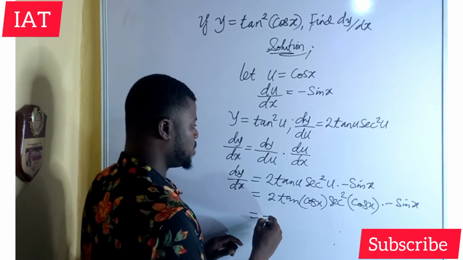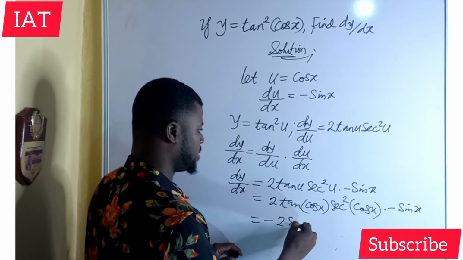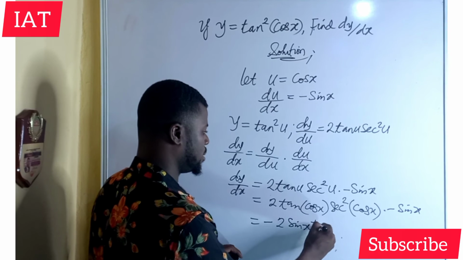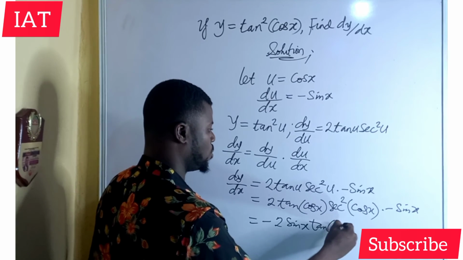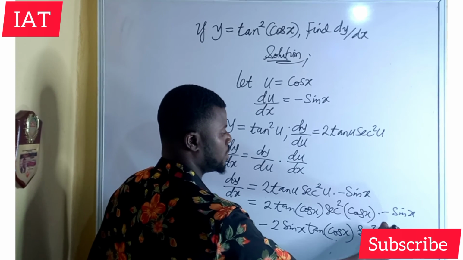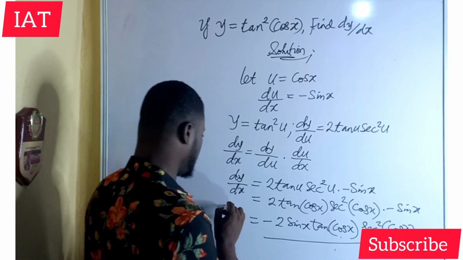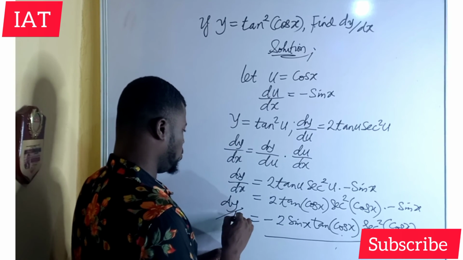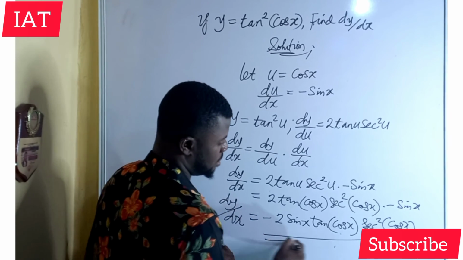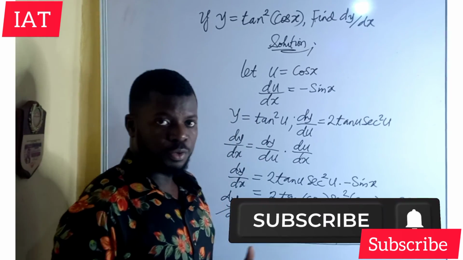So we have minus 2 sine x tan cos x sec squared cos x. So this is the solution. This is the value for dy over dx. This is the solution.